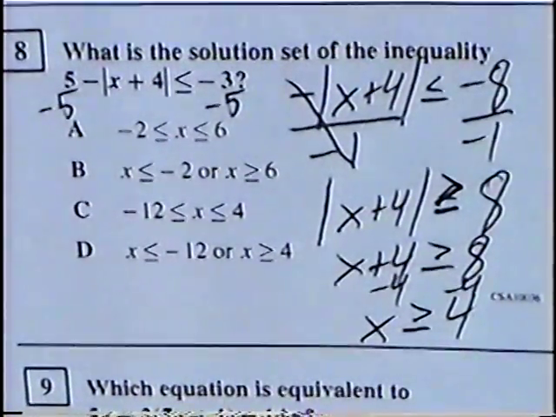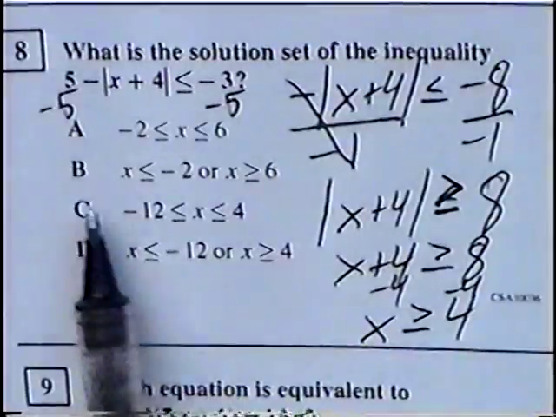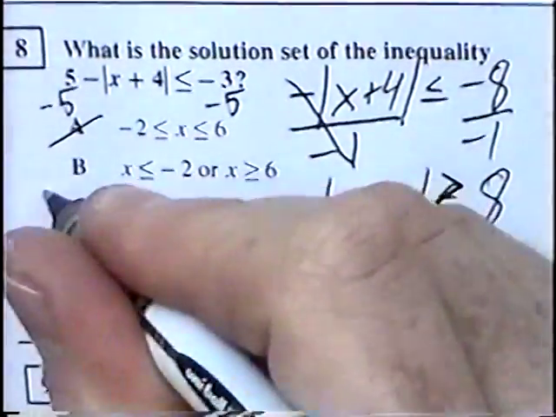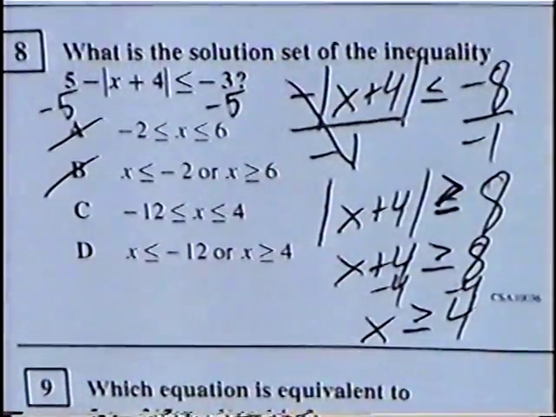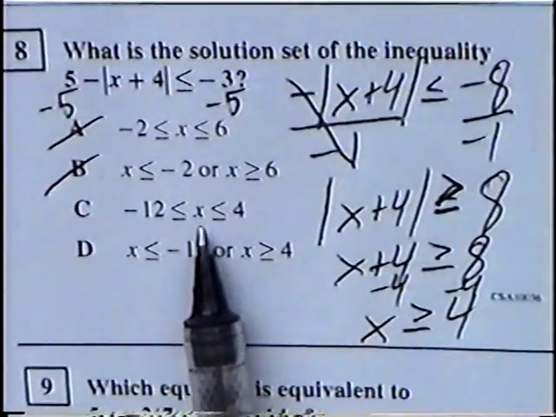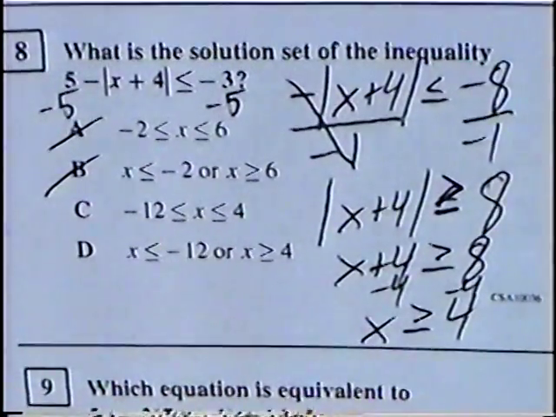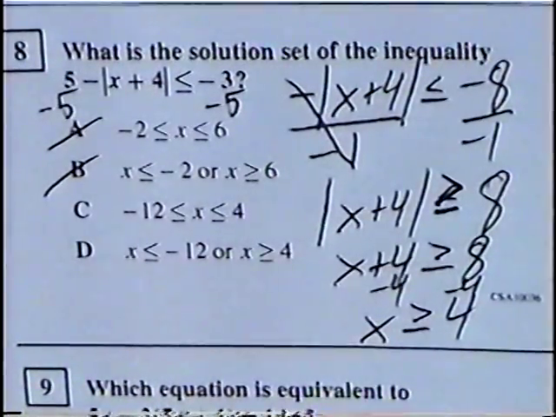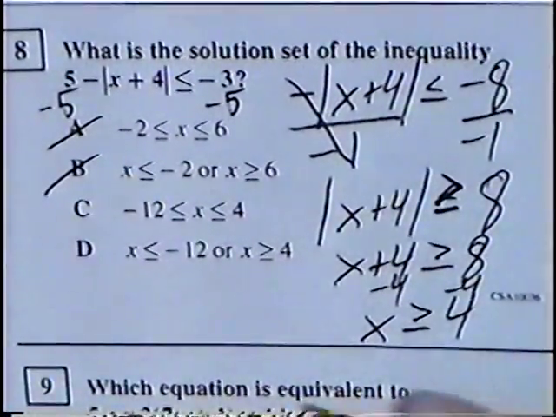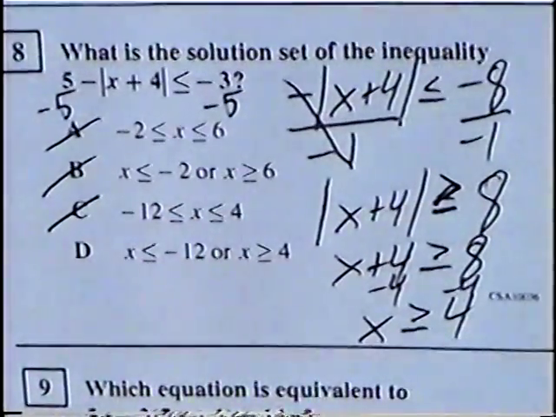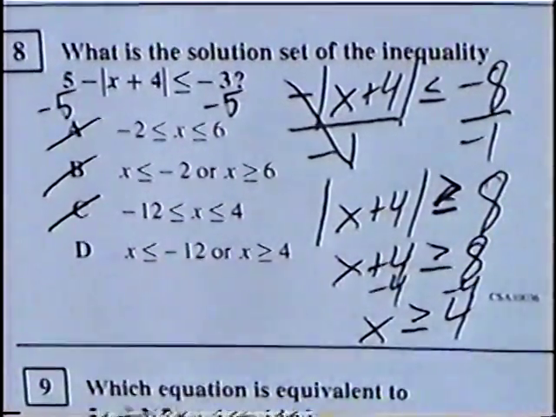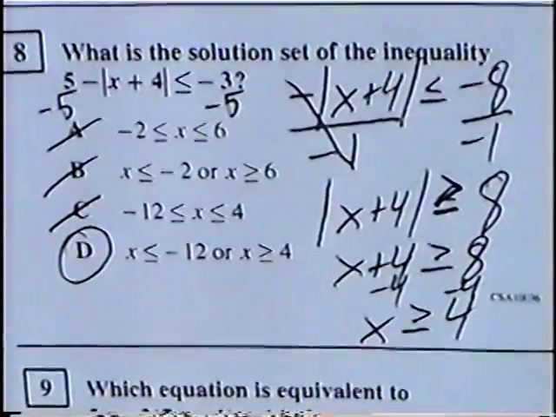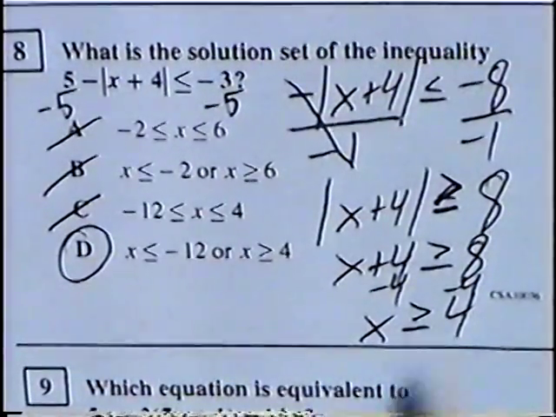Looking at the possible answers, letters A and B do not have 4 in the answer, so they'd be incorrect. Letter C has the partial answer of x is less than or equal to 4, but our first answer is x is greater than or equal to 4. Since C is not greater than or equal to 4, it cannot be C. And by process of elimination, the correct answer would be D, x is greater than or equal to 4.